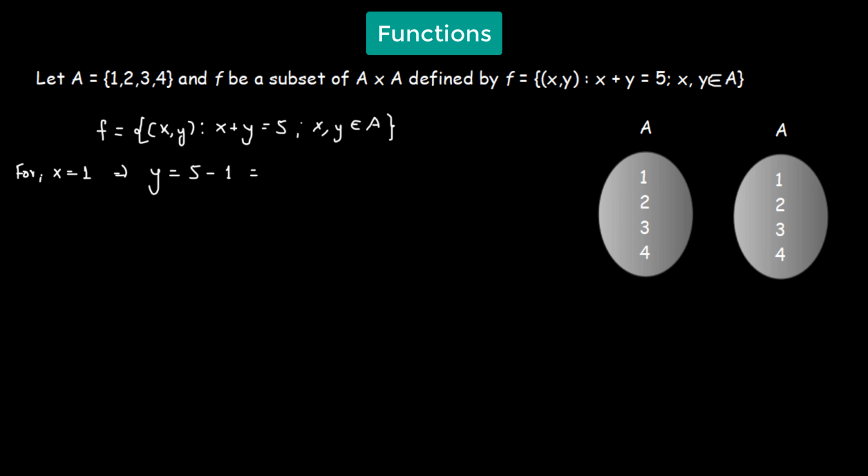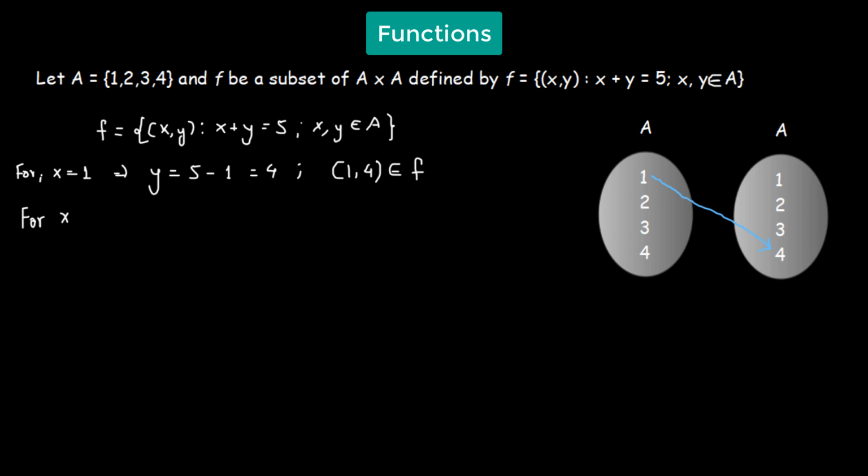So for x equals 1, that gives us the corresponding value of y, which is 4. So that means for 1 and 4, the sum is equal to 5, and this belongs to set F. So here we can say that 1 is uniquely mapped to the element 4 in the second set A. Now we pick up the next value of x.